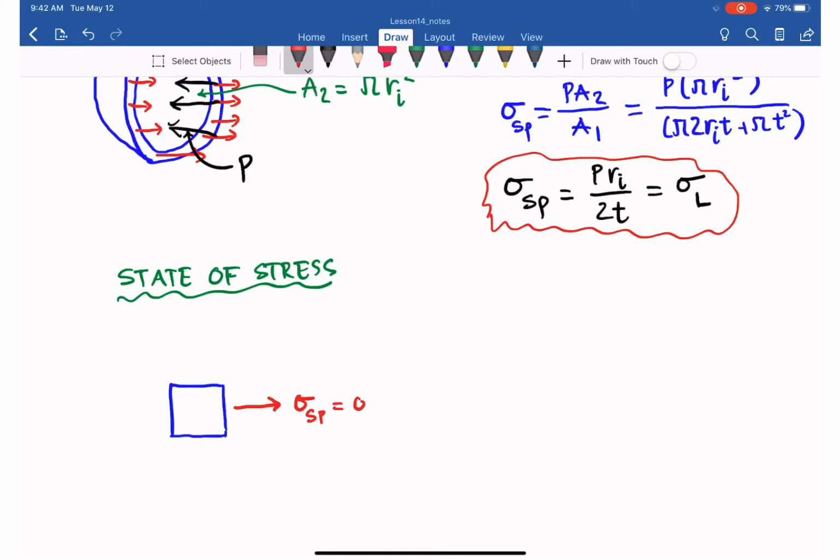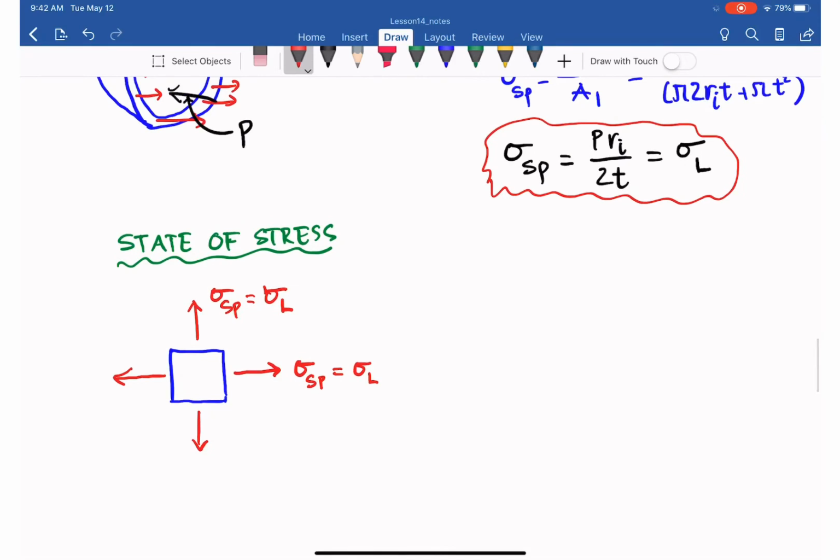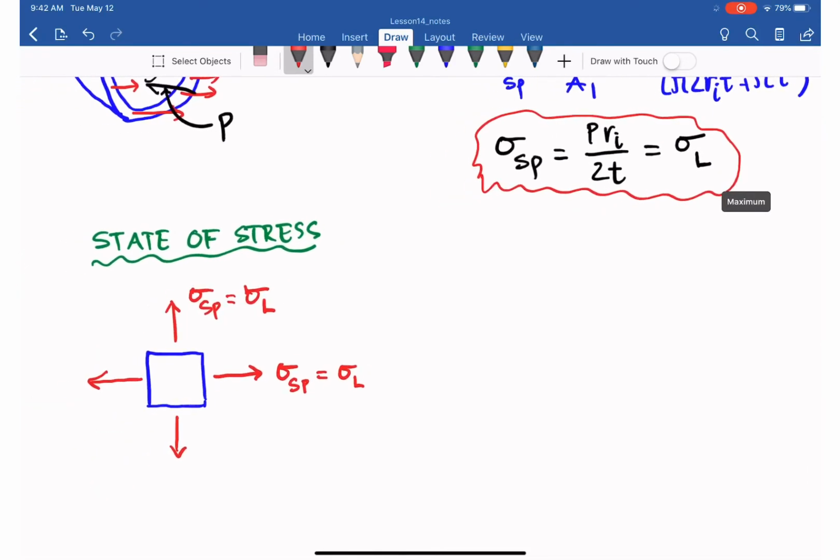It is actually the same as the longitudinal stress on the cylindrical tank, in any direction and all in tension. So this sigma sphere is equal to the sigma along the longitudinal axis in the cylindrical tank, and the magnitude is equal to P r over 2t.